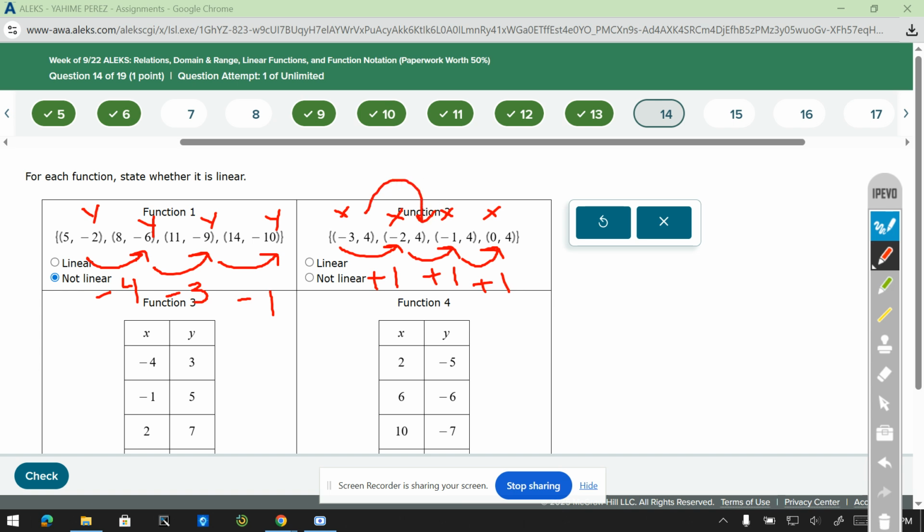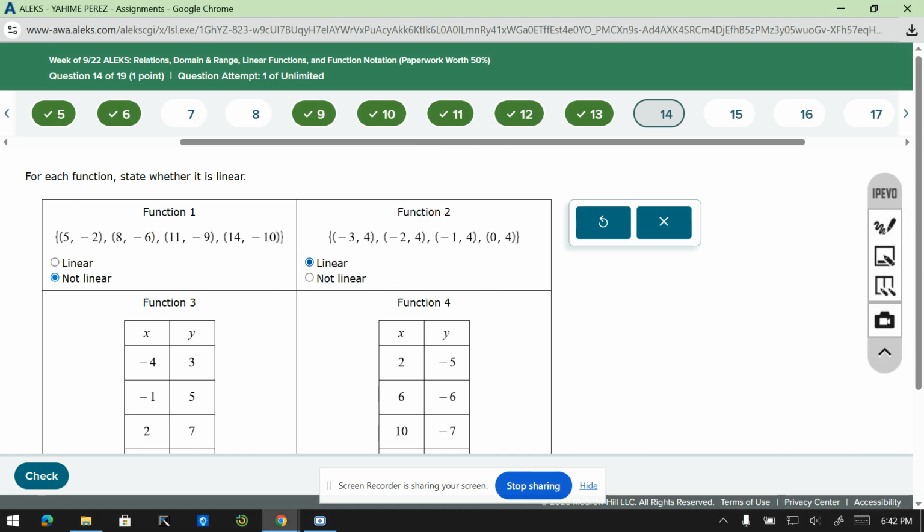The y values from 4 to 4 changed by 0, right? We didn't actually add anything to it. And 4 to 4, that went up by 0 again. So since the x's were changing at the same rate, and the y's were also changing by the same rate, we would say that this one is linear.